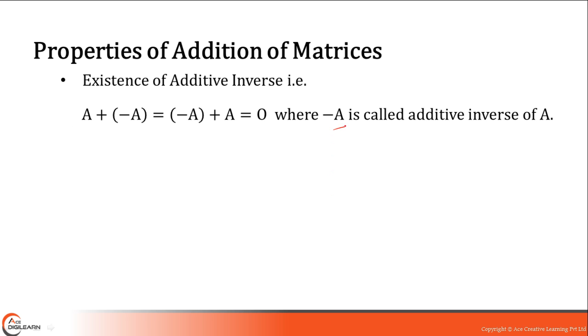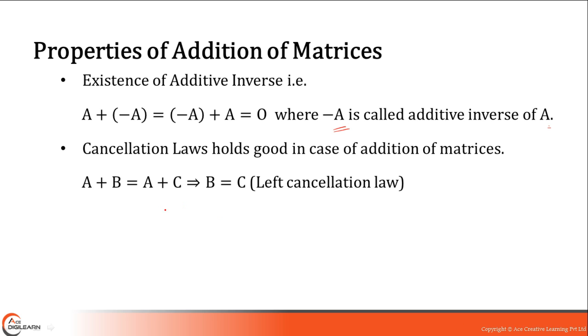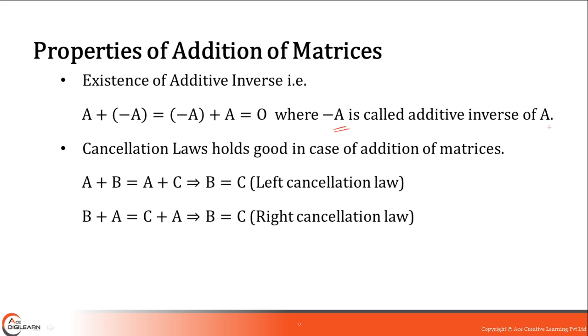Minus A is called the additive inverse of A. And cancellation laws hold good in addition of matrices, which are A plus B equals to A plus C implies B equals to C, which is called in particular left cancellation law. And next, B plus A equals C plus A, which also can be written as B equals to C, which is called as right cancellation law.